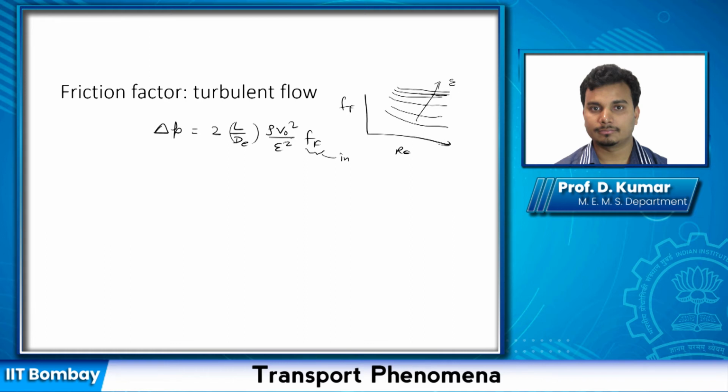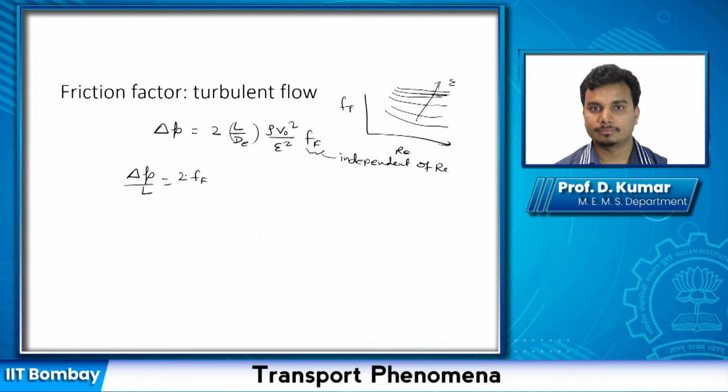So for flow through packed bed, I think you can assume the roughness to be very high. So for that case, this friction factor should be independent of Re. So you can write delta P equals 2 ff L by De, or delta P by L, you want to bring here.